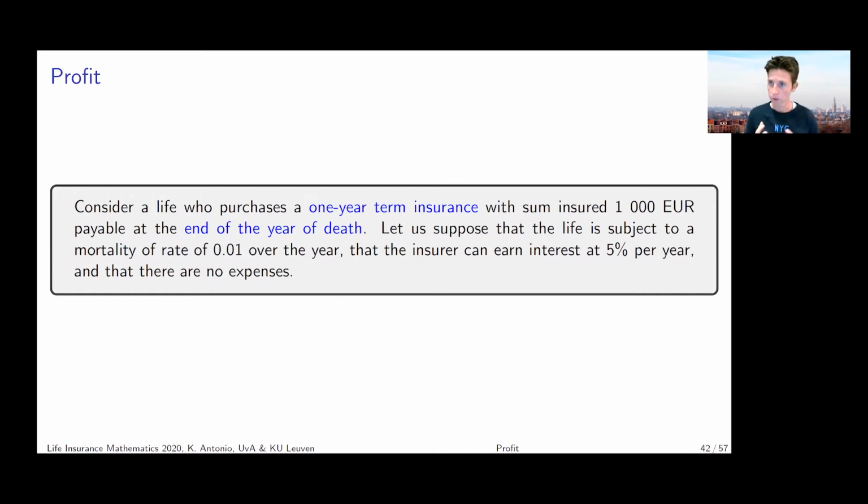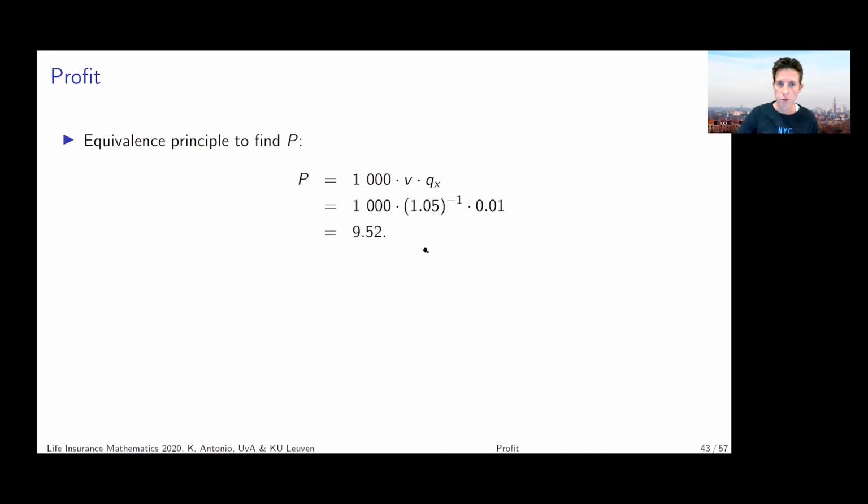So it is a very simple product because it's a one-year term product. The death benefit is payable at the end of the year of death. So we can easily calculate the technical premium on this product. It's a single premium P. The EPV of the premiums is just P. And the EPV of the death benefit in this one-year term insurance contract is 1,000 times v times q_x.